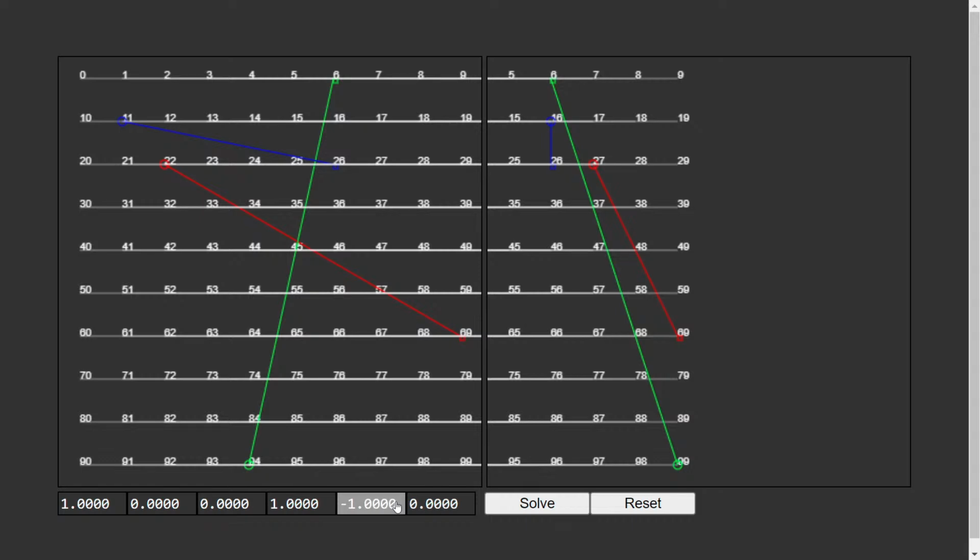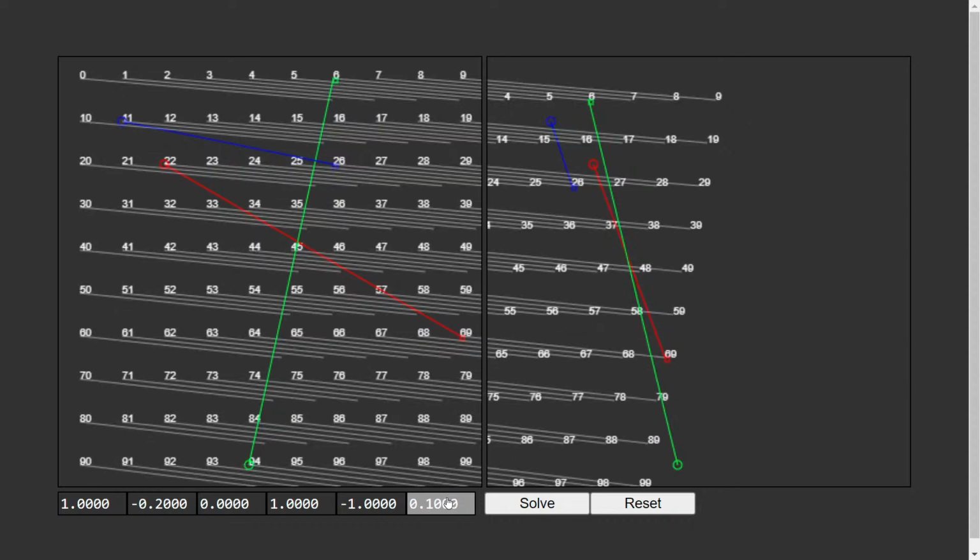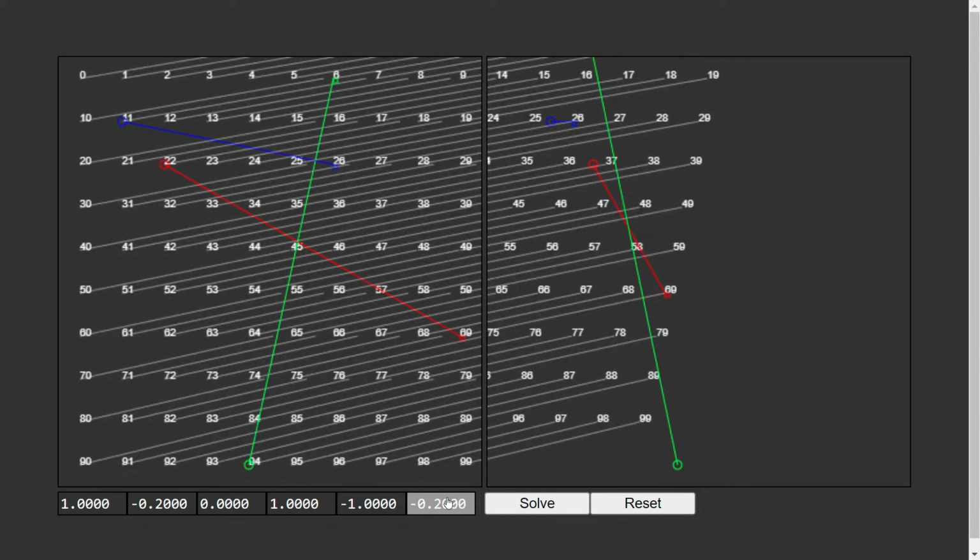And then introduce a little shear to get the red more lined up. No. Oh no, that's shearing the blue more. Okay, so what if I go vertical? Oh yeah, no.